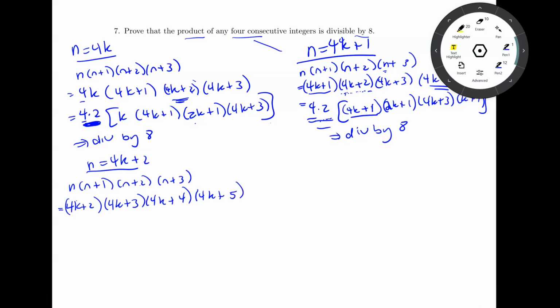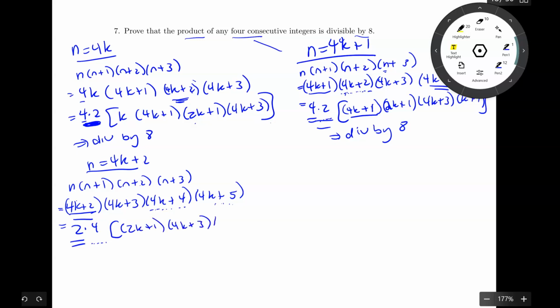All right, so I just need to show divisible by 8, so I'm just going to leave this, even though it's not helpful to write it like that. I'm going to factor a 2 out of this one, and then a 4 out of this one. Okay, so if I factor a 2 out of this one, I get 2k plus 1, 4k plus 3, k plus 1, 4k plus 5. There it is. Divisible by 8.